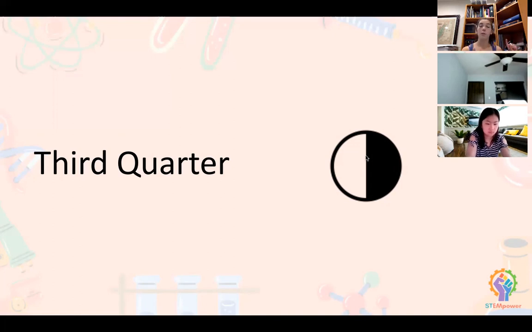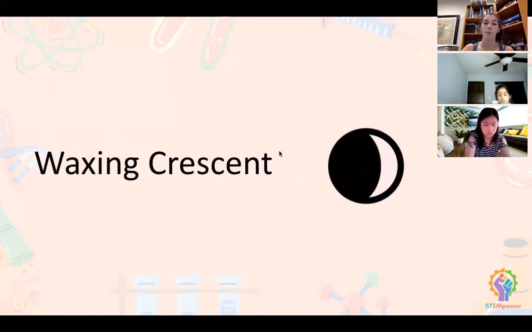You would have to be on the left of the light source with the moon in front of you in order to see the light shining on the left part of the moon, and then have the rest of it be dark so that you see this third quarter moon.